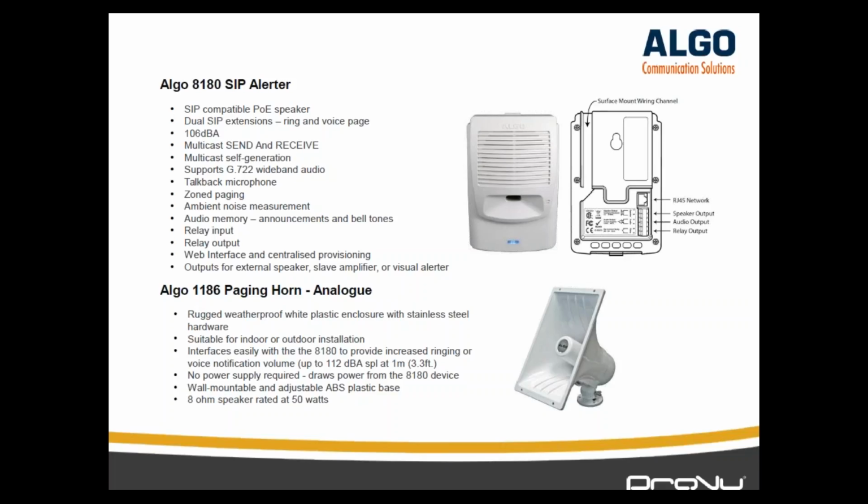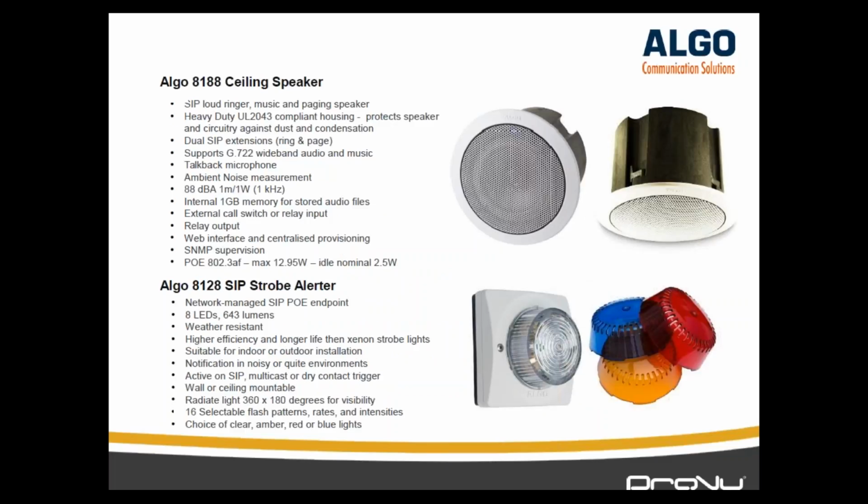It doesn't need any power supply because it draws power from the Algo H180. It is wall mountable and adjustable as well, and it's got 8-ohm speakers rated at 50 volts. So these two products work together, depending on how and where you want to install it.